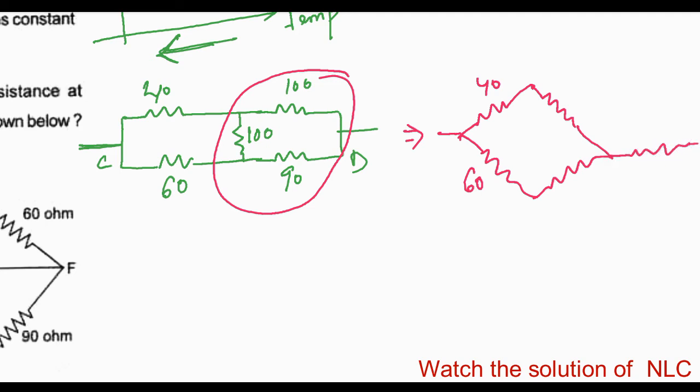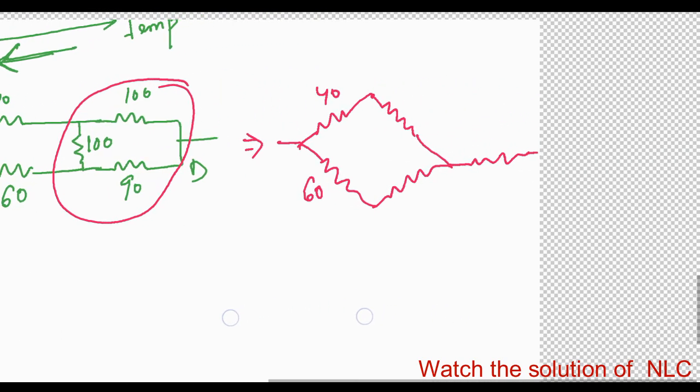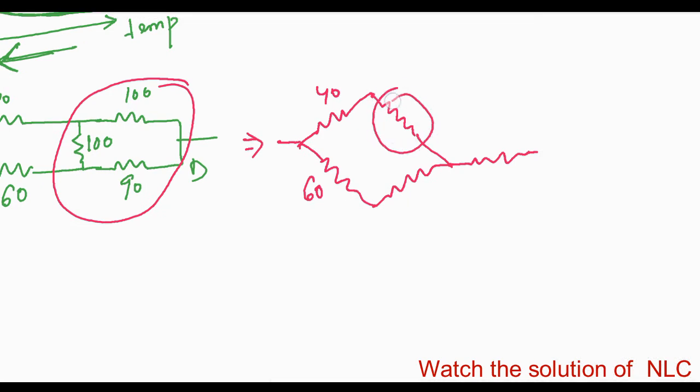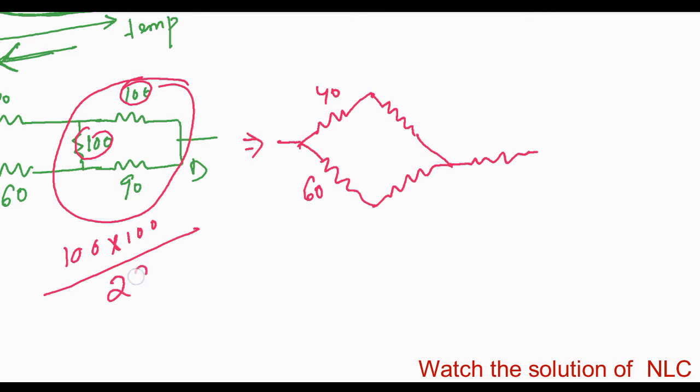This one is the star equivalent of that delta network. And what will be the value for this resistance? We calculate 100 into 100 by the total, that means 100 plus 100 plus 90, which is 290, and this will be 34.5. Similarly, if we calculate, this will be 31.03, and this will also be 31.03. So now we are getting the easy network.